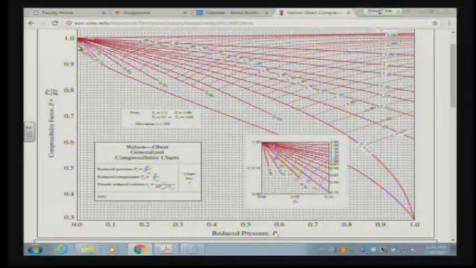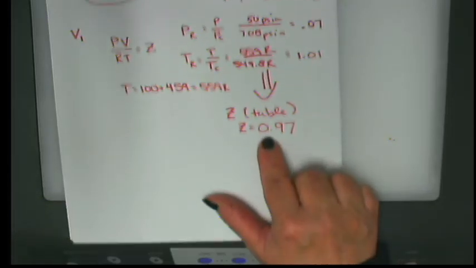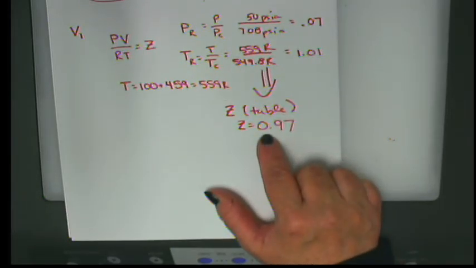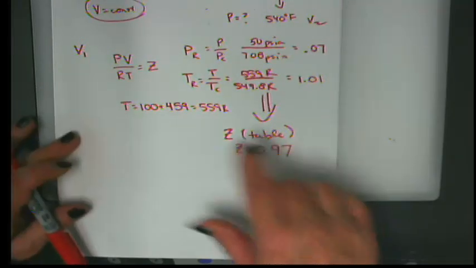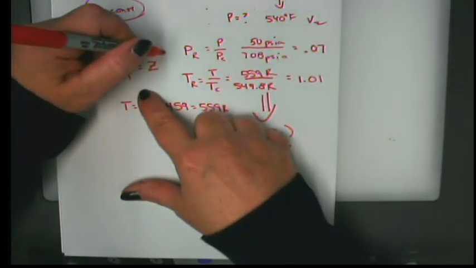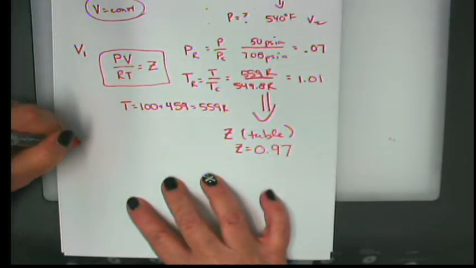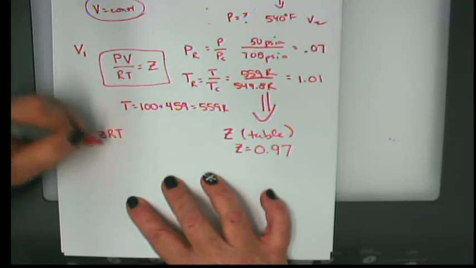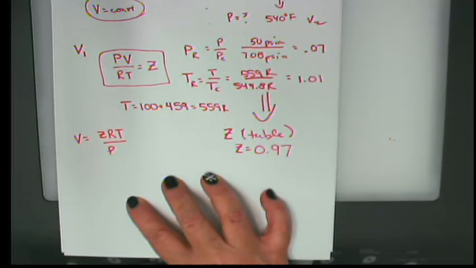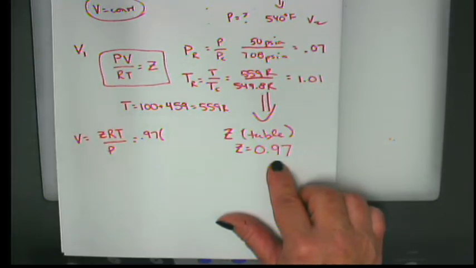So if my Z factor then is 0.97, that means that this ethane gas at this first set of conditions is about 97% ideal. It means that if I wish to calculate my volume, I'm just rearranging that equation, ZRT over P, which is 0.97, times whatever my R value is.